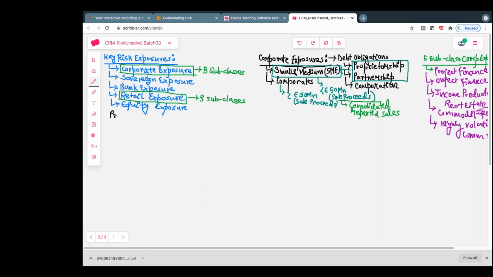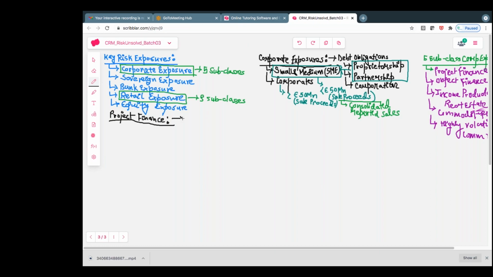And the first part that we start off with, in this commercial portfolio description, is the description of project finance. So project finance. How do I define this?